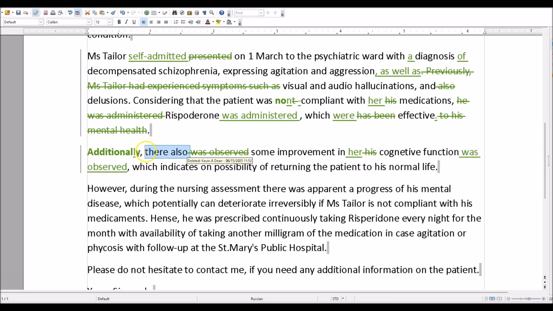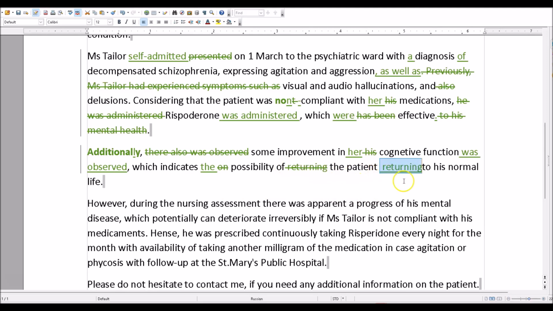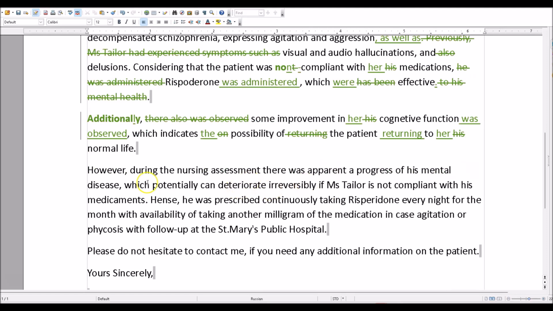Additionally, some improvement in her cognitive function was observed, which indicates the possibility of the patient returning to her normal life. Okay, however, during the assessment, so there's no however, because that's a contrast, saying something is this, however, it's also that, but there's no contrast here.